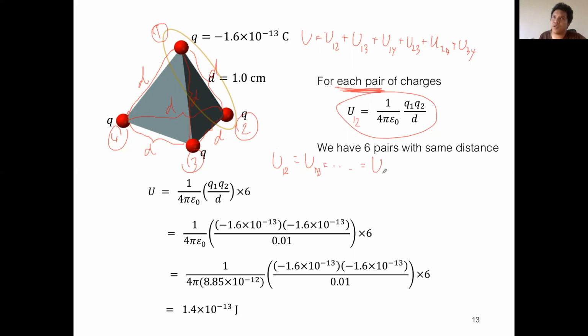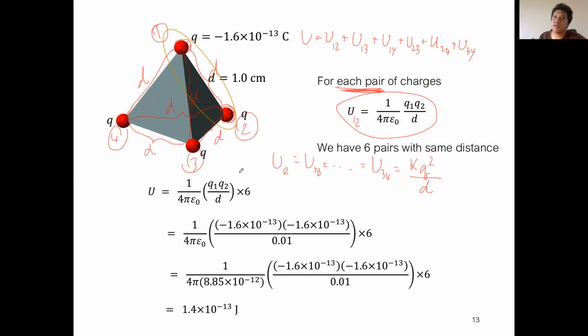Every one equals q square over d, because all the charges are q and have the same value, and all edges have the same distance d.